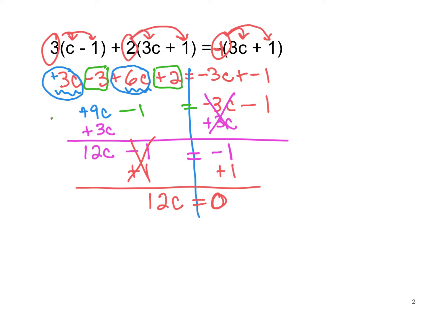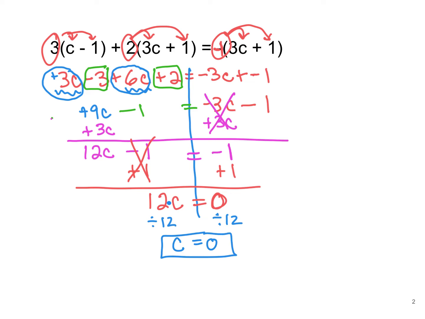So 12 and c are sitting next to each other. They're multiplying, so we are going to divide by 12 on both sides. 12 divided by 12 leaves c by itself. Grab your calculator, do 0 divided by 12. Read it from top down: 0 divided by 12, that answer is 0.